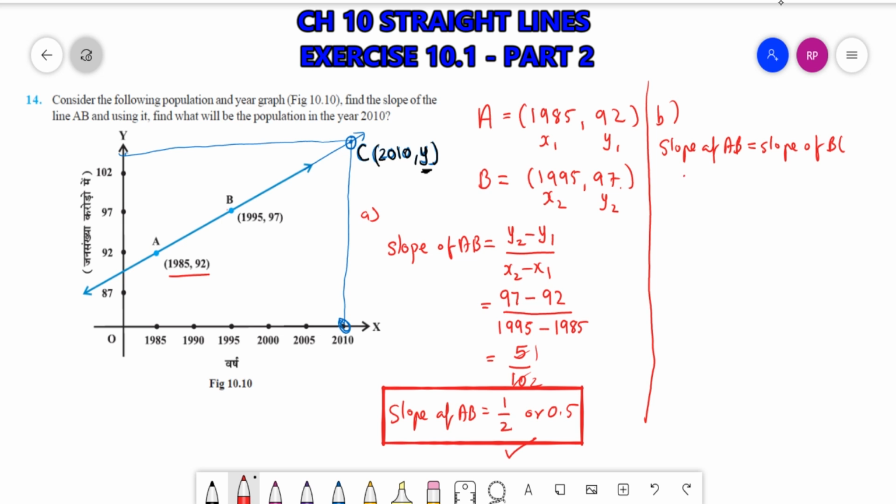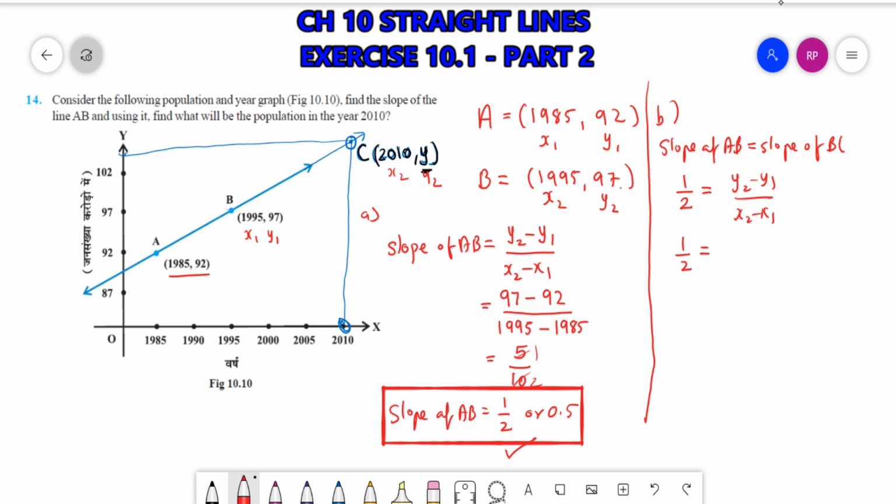Let's put down the direct value. Slope of BC: in this case I will take B as x1 y1 and C as x2 y2. So it will be y2 minus y1 upon x2 minus x1. So this will be equal to 1 by 2.